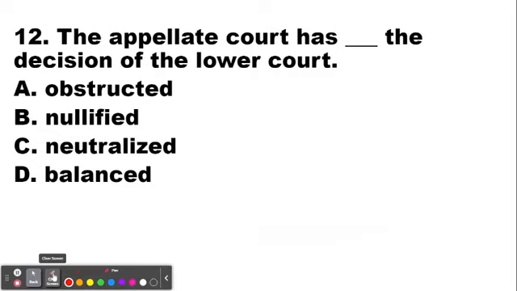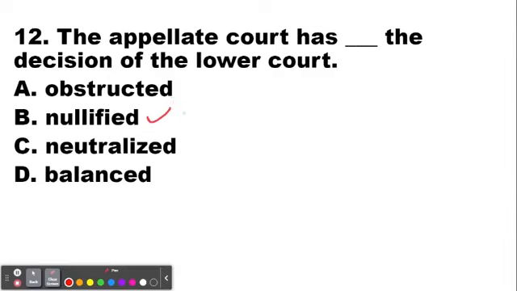The appellate court has dashed the decision of the lower court. A, obstructed. B, nullified. C, neutralized. D, balanced. The correct option is B, and that is nullified.